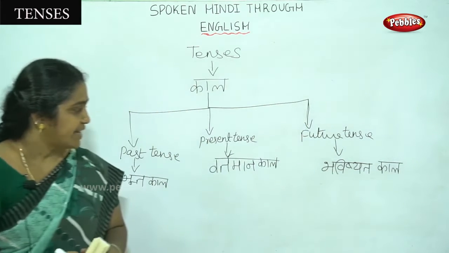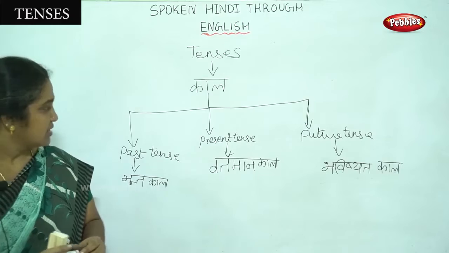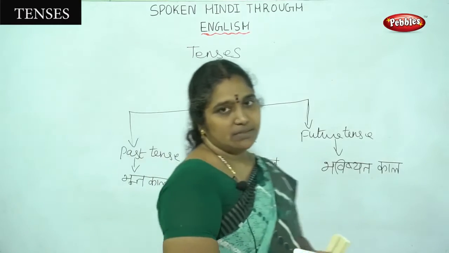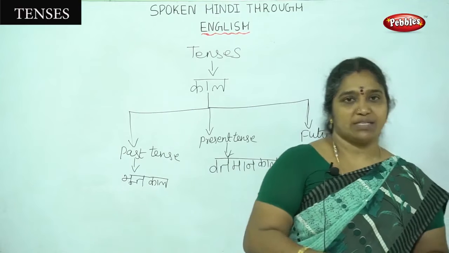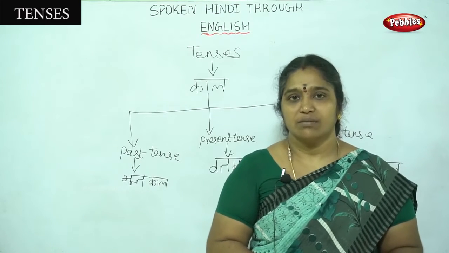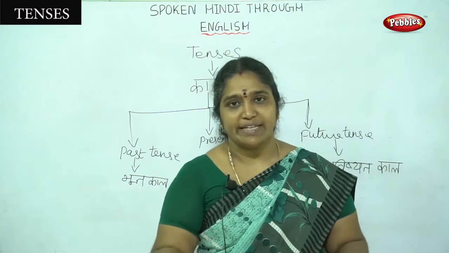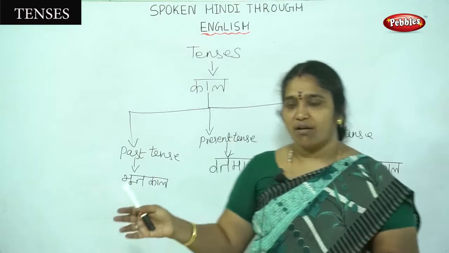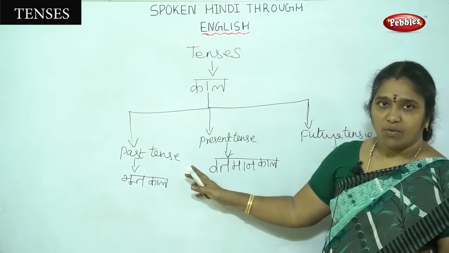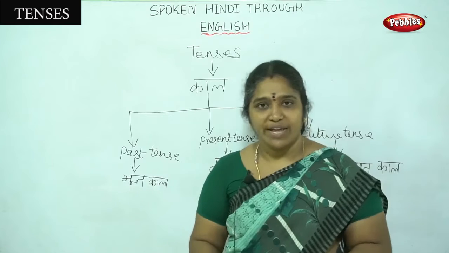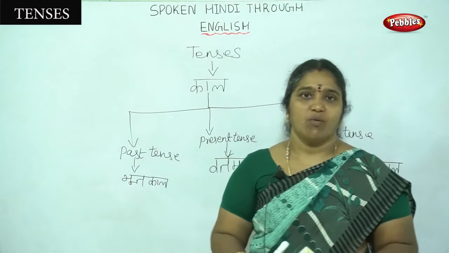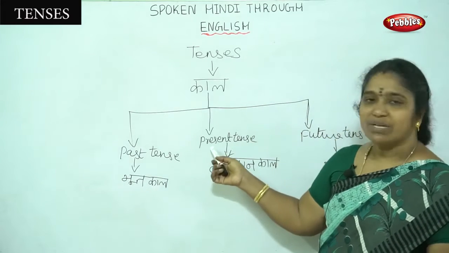Kaal is very important for the sentence. See the past tense: the things which occurred in the past, that is why it is called past tense. The things which are occurring today itself, in the present time, is called present tense.